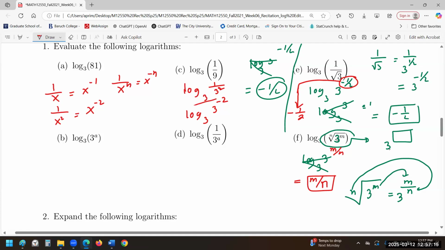So we have log base 3 with the argument 3 to the negative 2 power. So what is our answer for C? Negative 2. They cancel out. Now, if you understood C, that means you know the answer for D. So see, all of these are just rules. That's it.